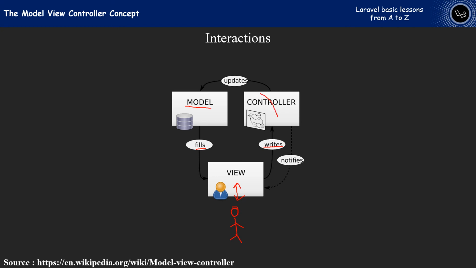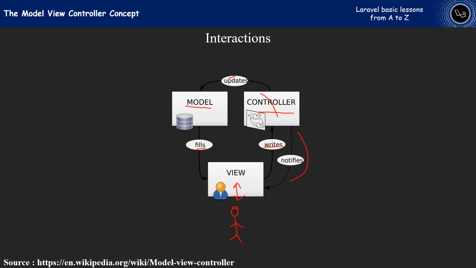And the controller will be like an interface, and then I'm going to update the information in my database, and the model will also be updated and fills the new information in my view. And this works both ways: if I write something, I save something to the database by using the controller, if the service succeeded or was cancelled, the controller must notify me.